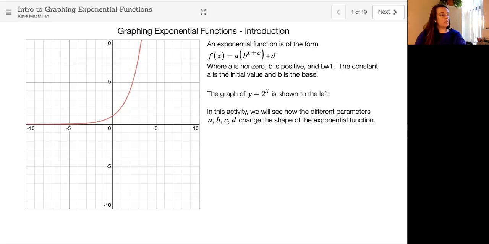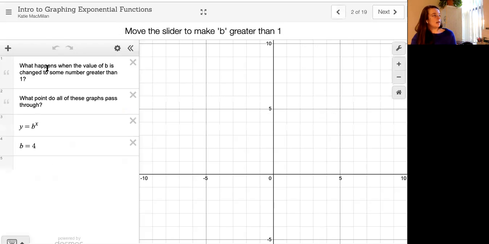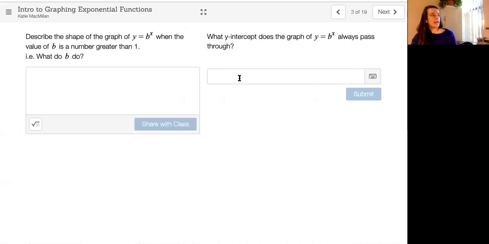Oh, good question, Devin. Hold on one moment. All right. Good question. So Devin is wondering, it's asking on each of the pages, it's asking some questions here. These questions are things I want you to think about on that page, but you will notice that on the next page, there'll be somewhere to actually type things in.